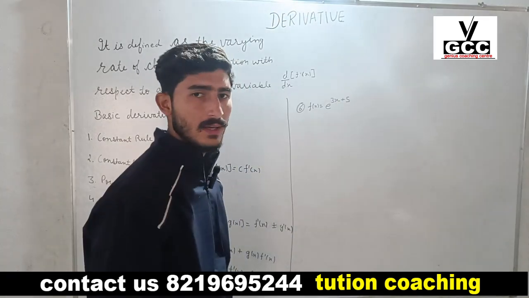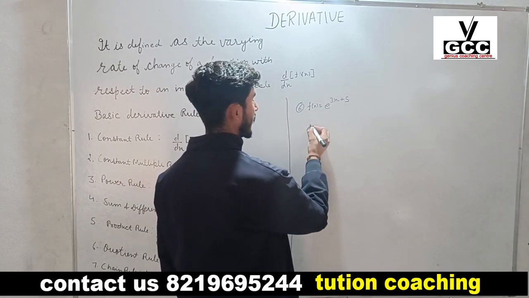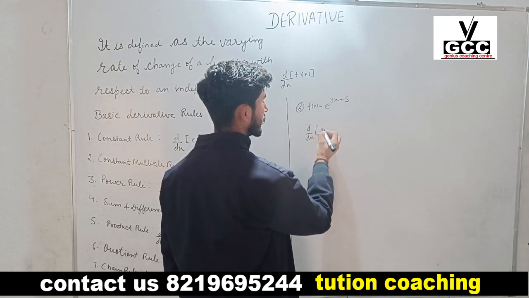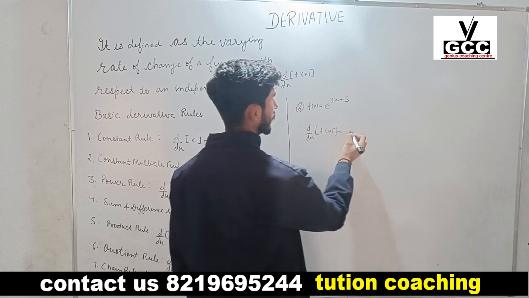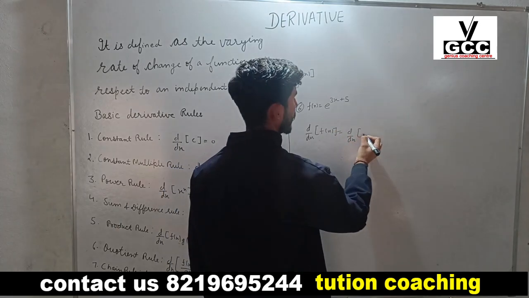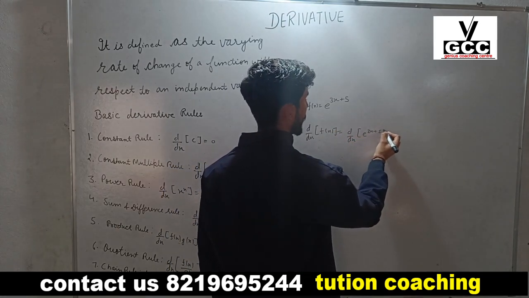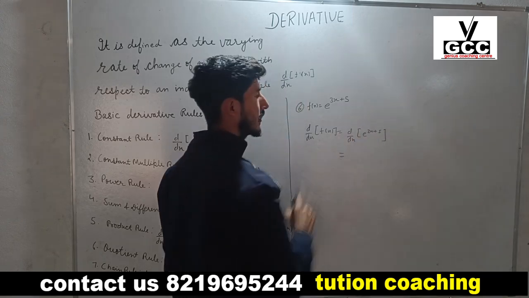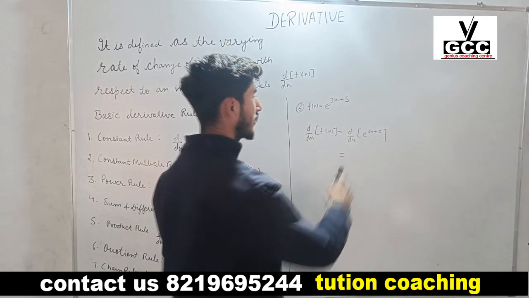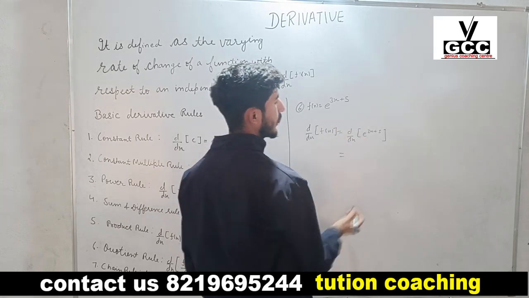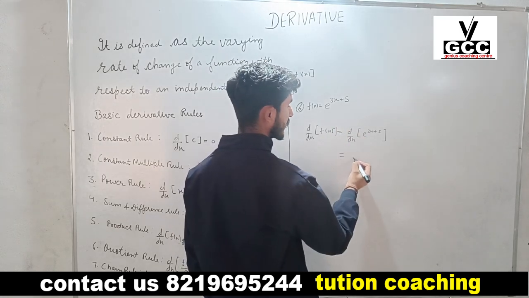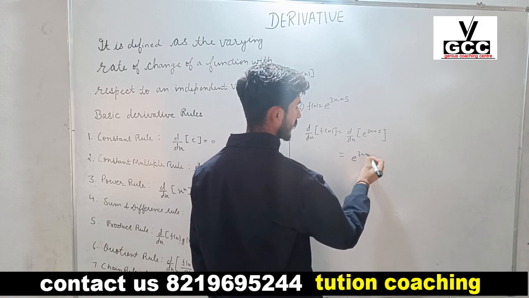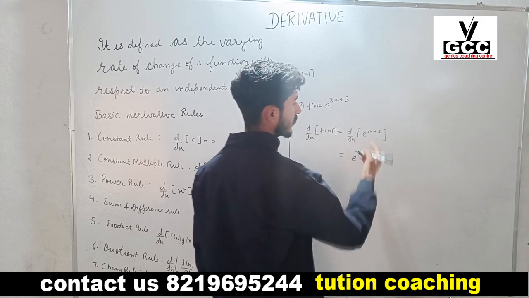Let us consider a function f(x) equal to e to the power 3x plus 5. We have to find the derivative of the given function, f(x) equal to derivative of e to the power 3x plus 5. Firstly we find the derivative of the exponential. Derivative of e to the power x is equal to e to the power x.